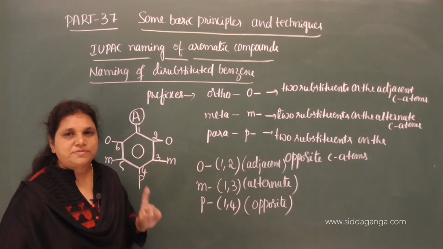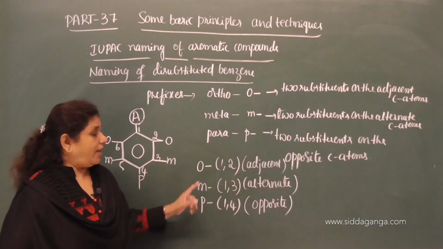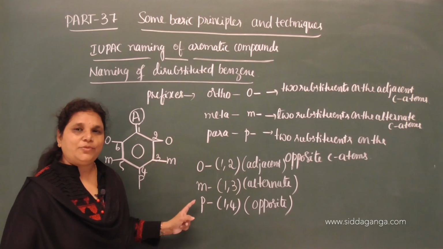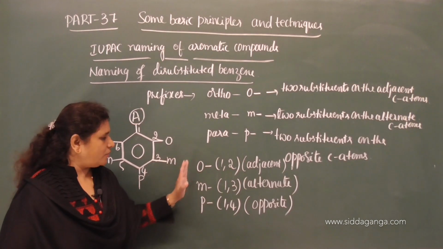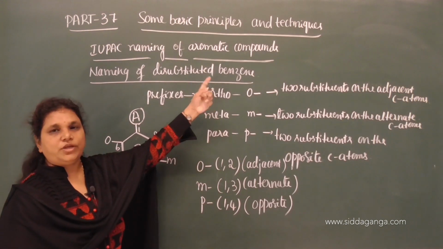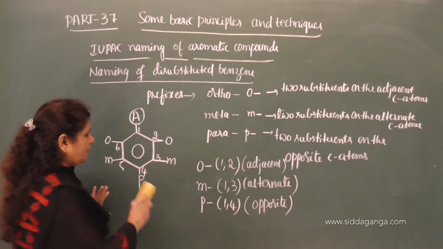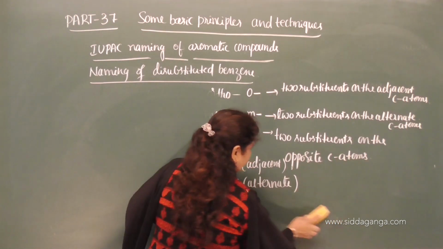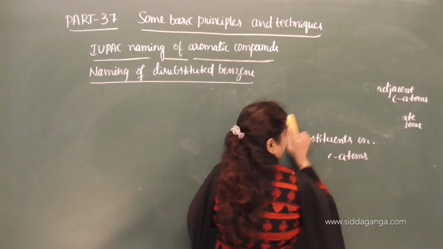So, for monosubstituted benzene there will be no prefixes like ortho, meta, para, and these prefixes are applicable only for disubstituted benzene, not even for polysubstituted benzene. Clear? Now, let us move on to the examples.